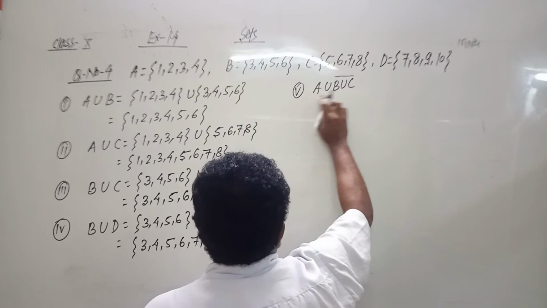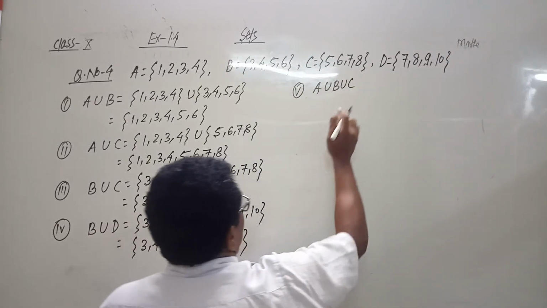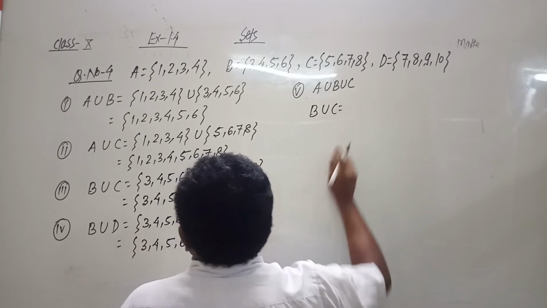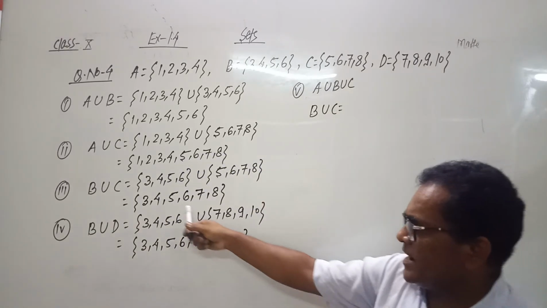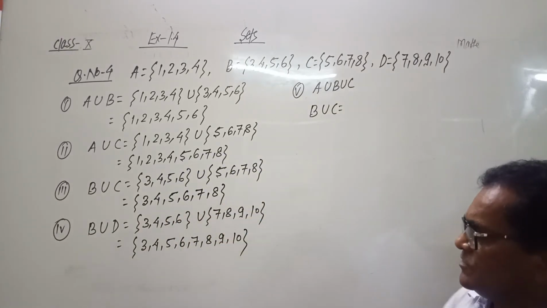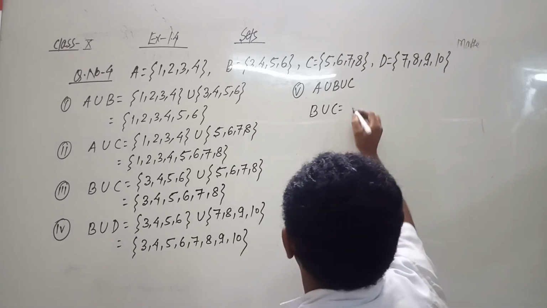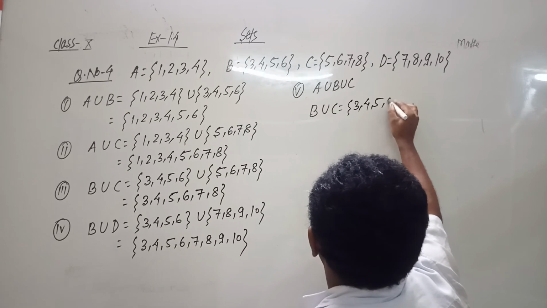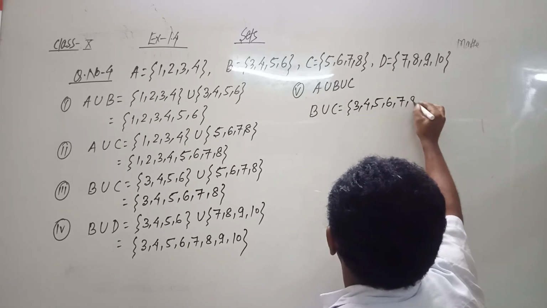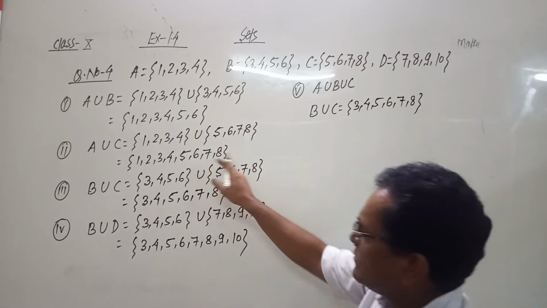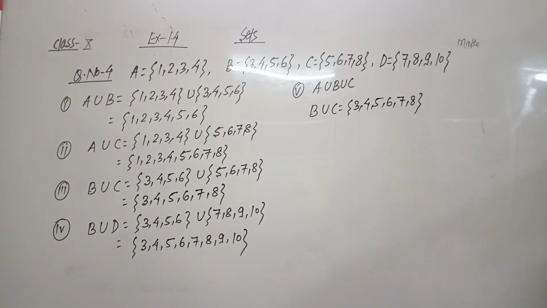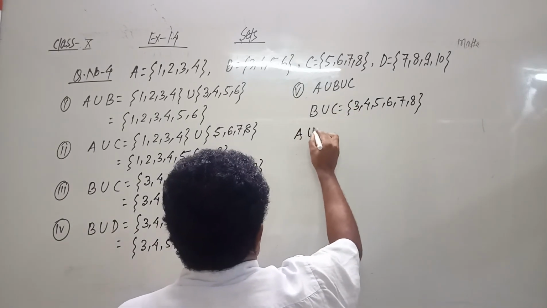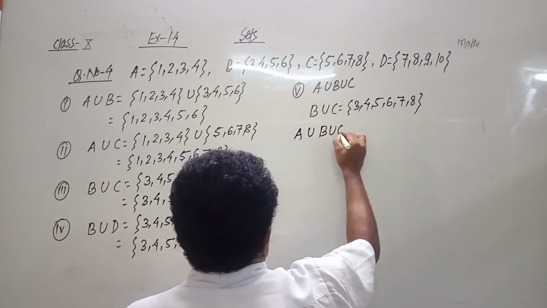Let us find the last two, B union C. B union C we have already calculated: {3, 4, 5, 6, 7, 8}. Now we have to find A union the set B union C.